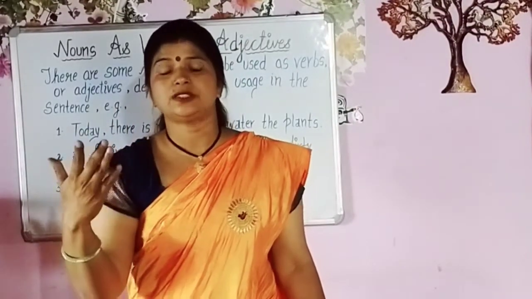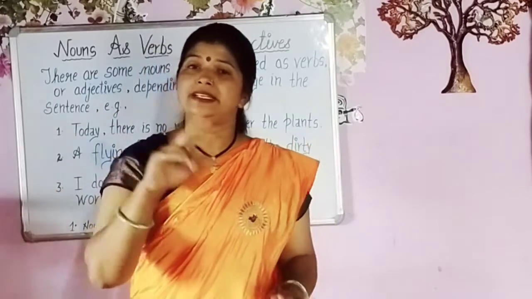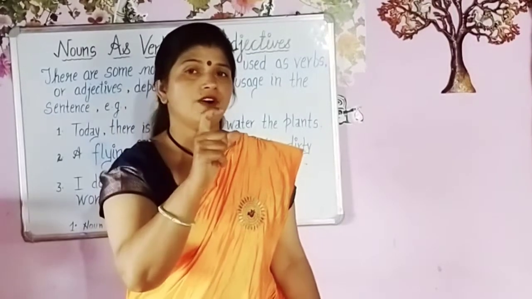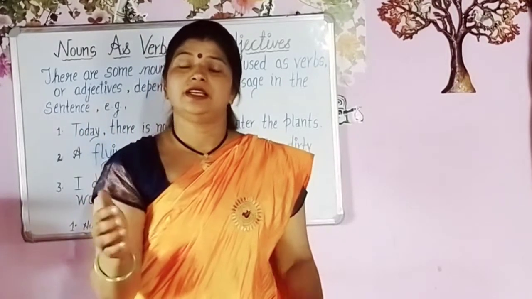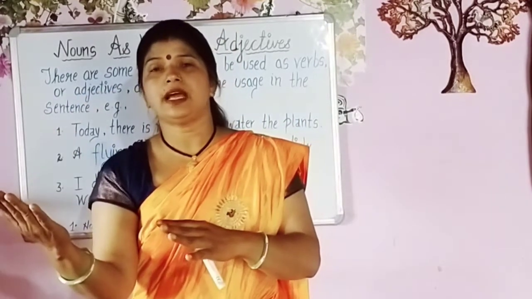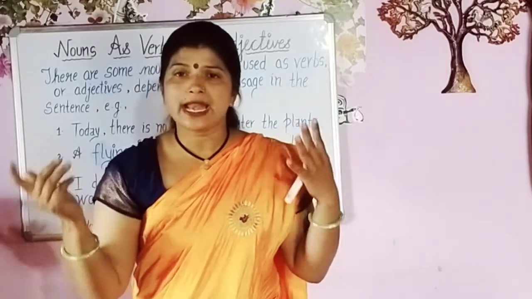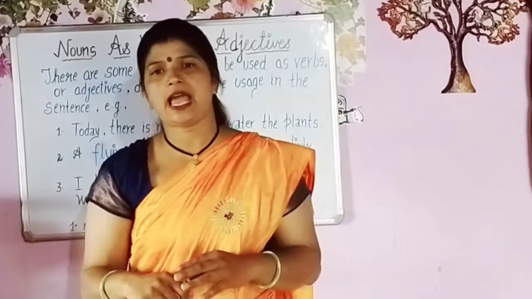Where in the sentence the word is being used matters. Many times we use the same word two times, but their meanings are different. Sometimes it may be a noun and another time it may be a verb or adjective. Let's understand this exercise with the help of an example.